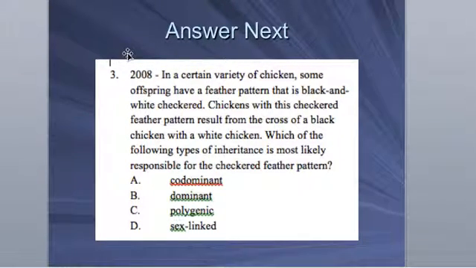In a certain variety of chicken, some offspring have a feather pattern that is black and white checkered. Chickens with this checkered feather pattern result from the cross of a black chicken with a white chicken. Which of the following types of inheritance is most likely responsible for the checkered feather pattern? Codominant, dominant, polygenic, sex-linked.